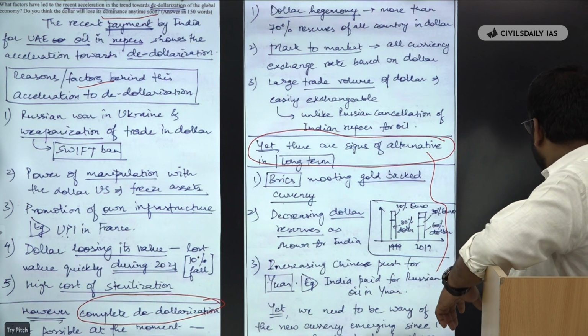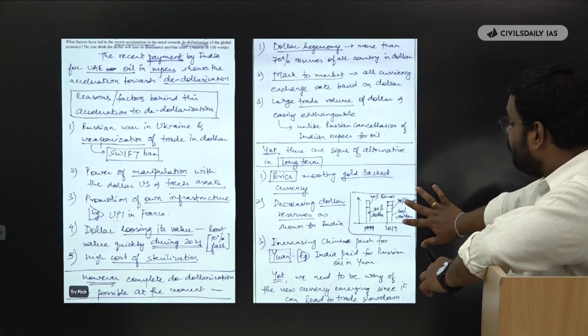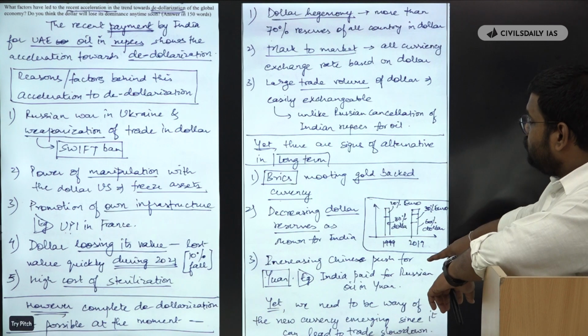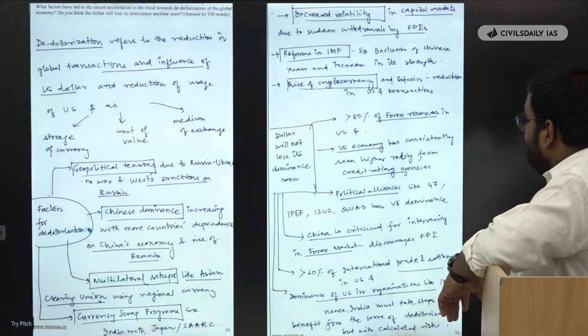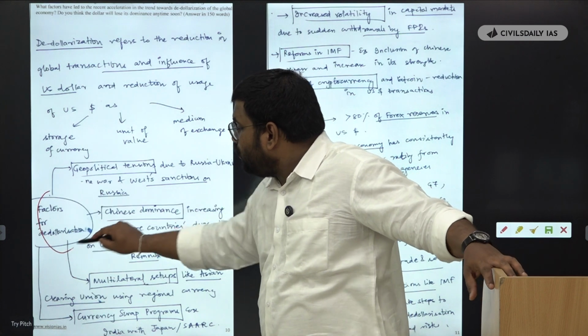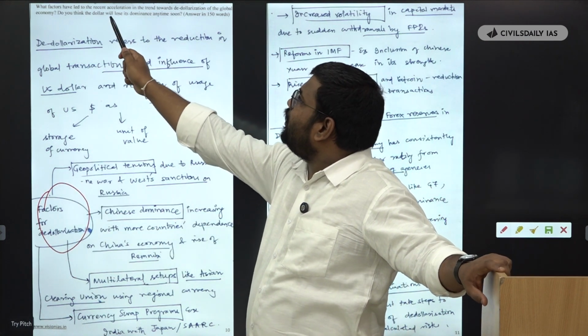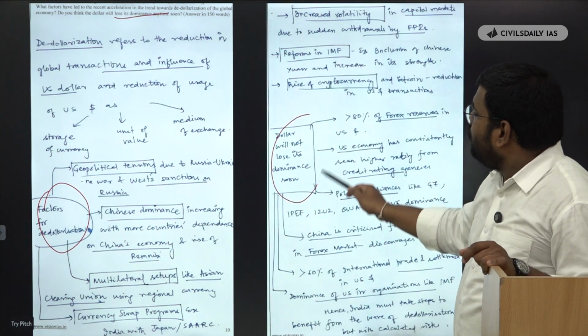Okay. Here also, if you see the conclusion, he has given the opinion and he has provided the way forward in conclusion. Okay. And here also, if you see Animesh, clearly factors for de-dollarization, that is, again he has combined the factors and arguments in favor of de-dollarization and arguments against.